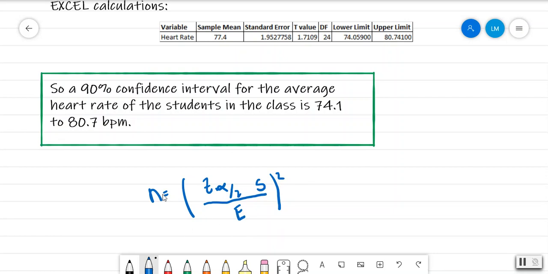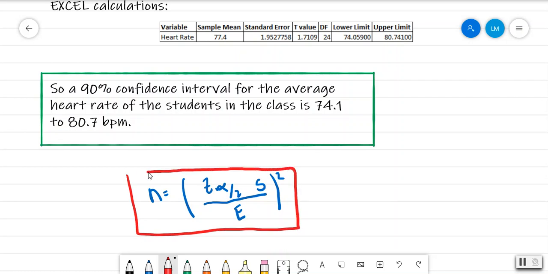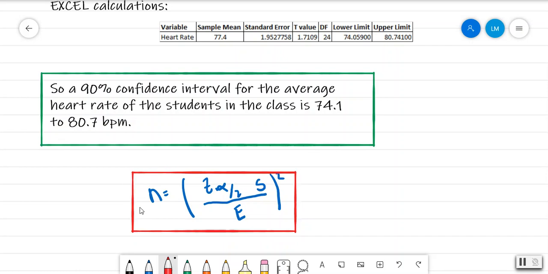It's a good idea to look at these other types of problems. Keep in mind that when you're looking for the sample size, you're trying to find the largest, so you'll have to round up instead of down.